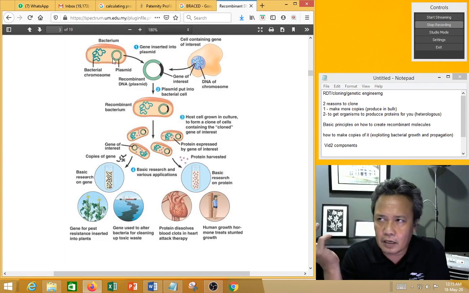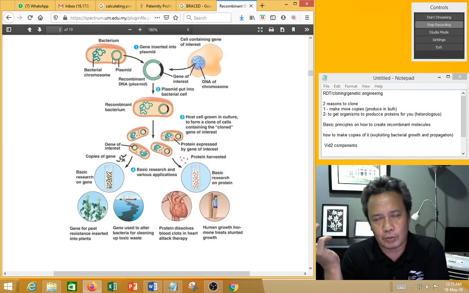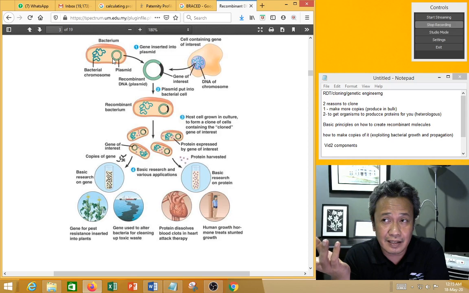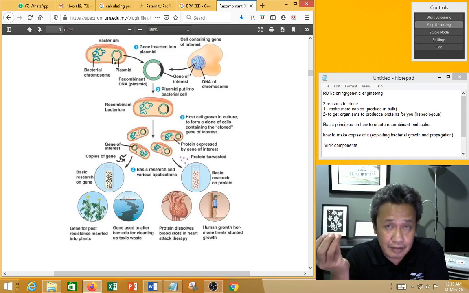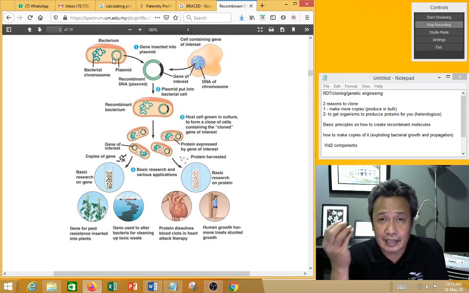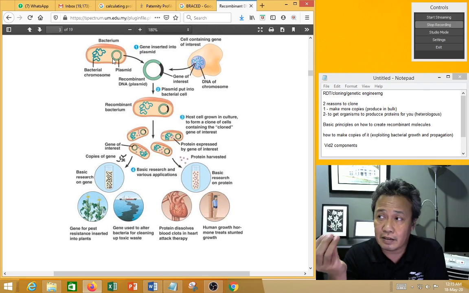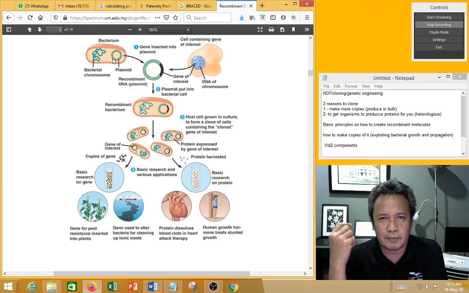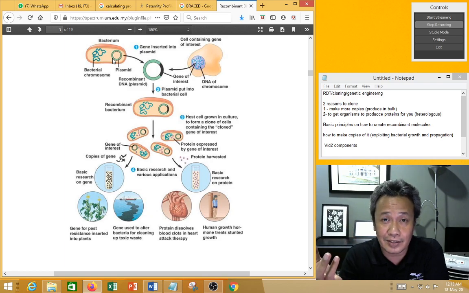Now plasmids are also called extra chromosomal DNA. The bacteria can live without plasmids, but plasmids give the bacteria some additional abilities. There are various types of plasmids. Some give the bacteria antibiotic resistance.